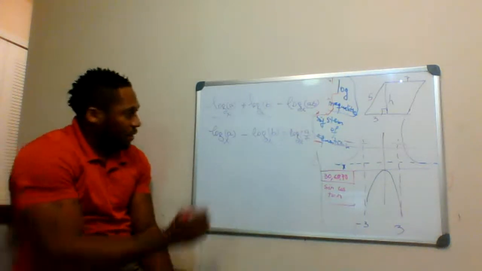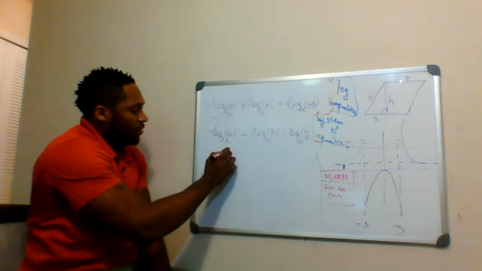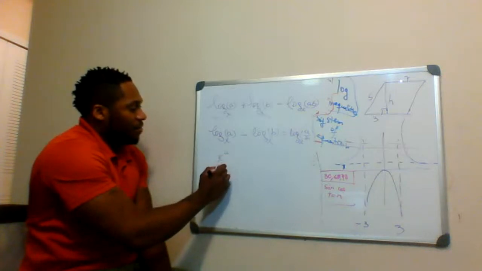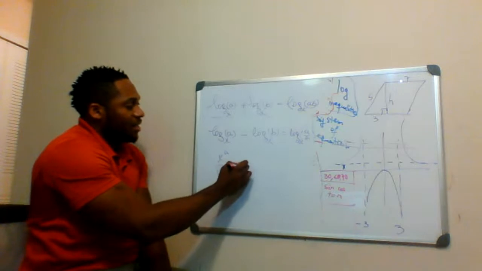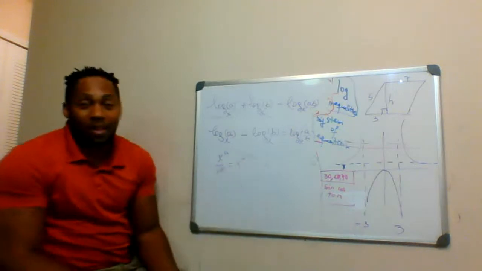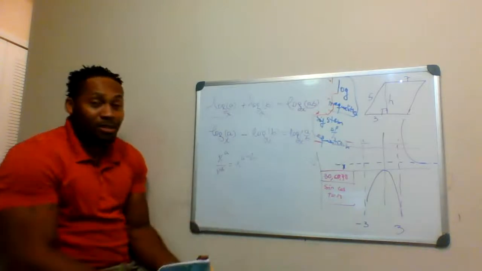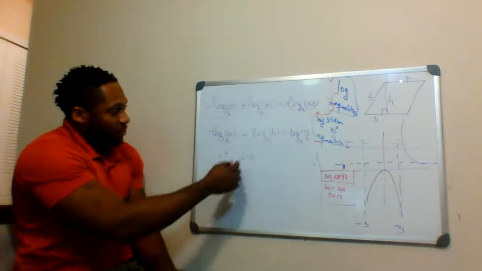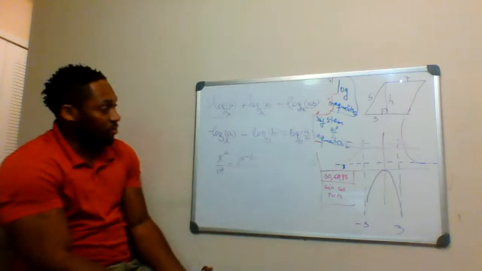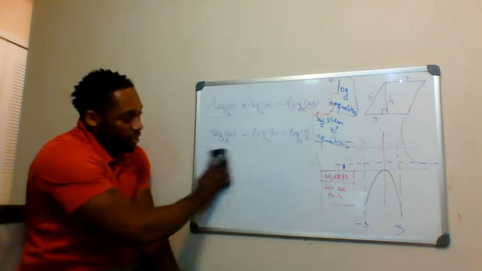So it's kind of like having x to the a divided by x to the b is equal to x to the a minus b. So think of a minus reverse operation. Wherever the multiplication was, the addition replaced it, and wherever the subtraction was, the division replaced it. Think about it as reverse operation.